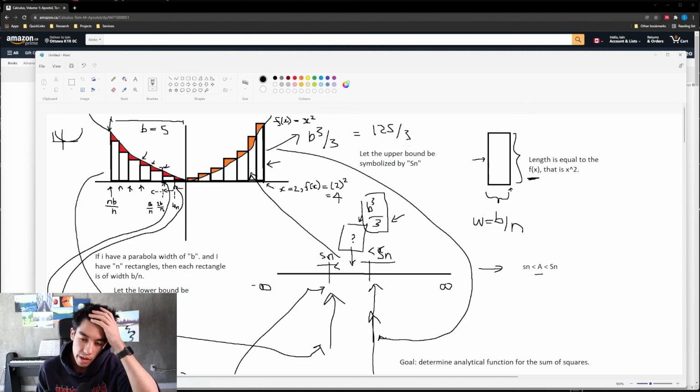So that is how to calculate the area underneath a parabola using a method of exhaustion, where you basically increase the number of rectangles and get finer and finer rectangles, which get closer and closer to estimating the parabola.